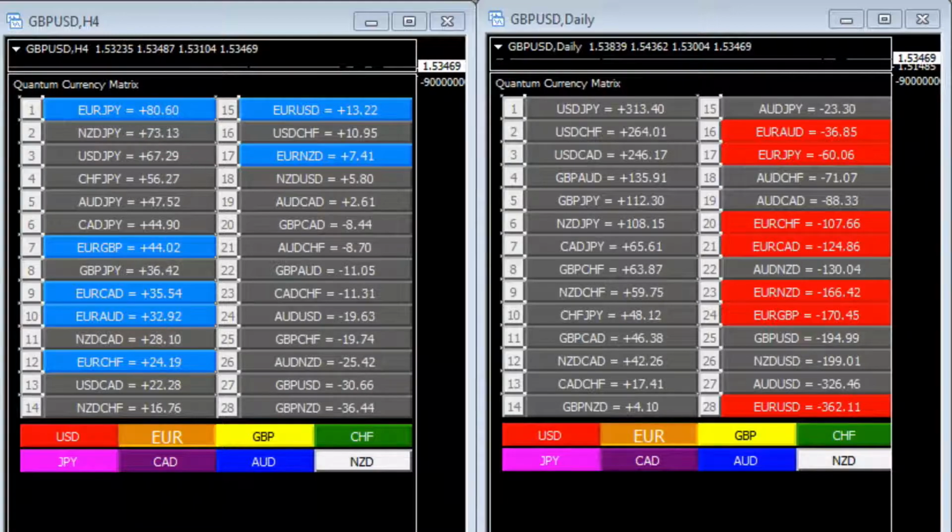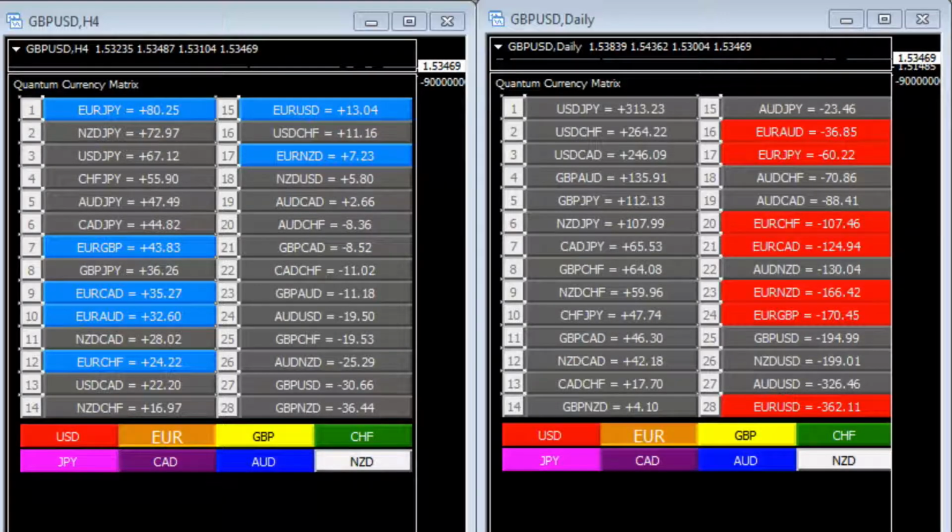The Forex world is complex. We have a huge amount of information that we have to deal with second by second and minute by minute. And what the matrix is trying to do is to give you that information that is important, the information about flows, about strength, about momentum and about direction, and to give you it in a format which is easy and quick to see, and more importantly quick to analyze.